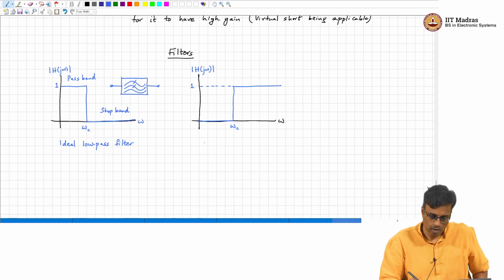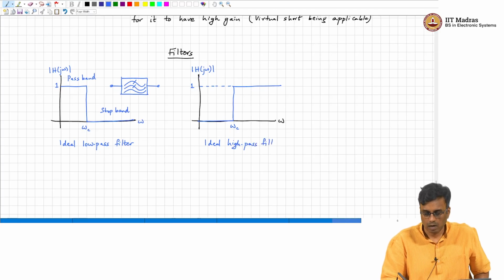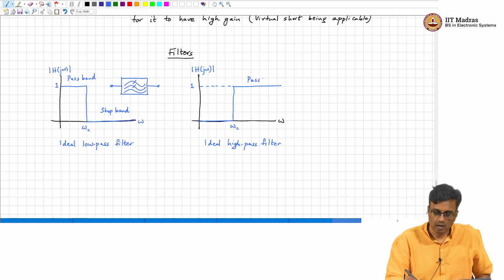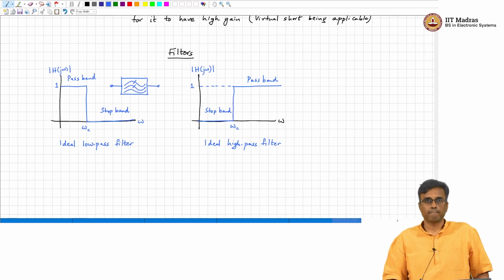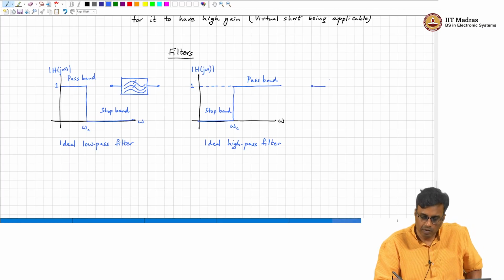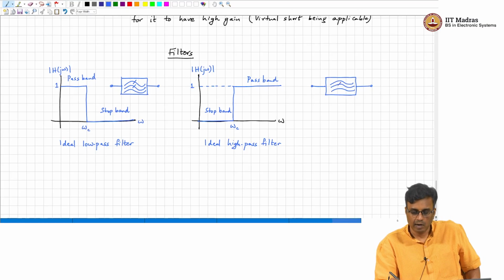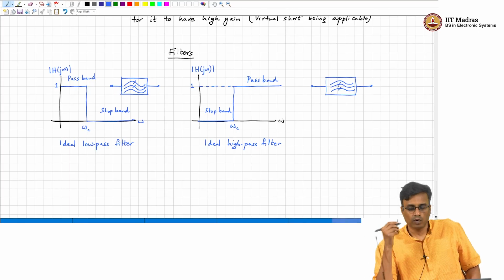This is an ideal high pass filter. So, this is the pass band, and this is the stop band. And the symbol for this in block diagrams often shows that it cuts off low and mid frequencies.